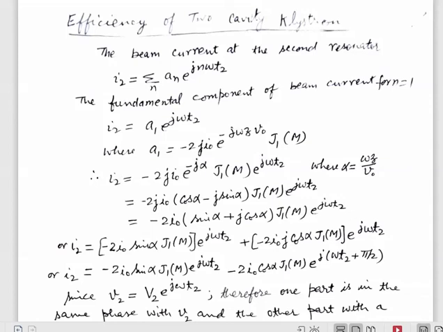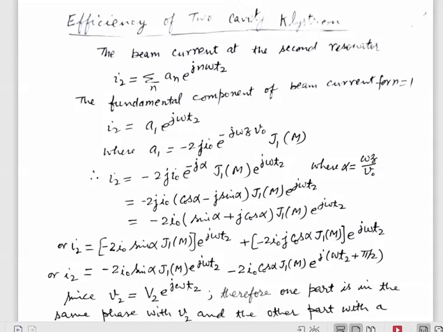The paper of microwave electronics for MSc final year. In previous lectures, we have discussed the microwave tubes and the construction and working of the two cavity klystron. Also, we have calculated the component of the beam current at the second resonator, that is at the catcher cavity.